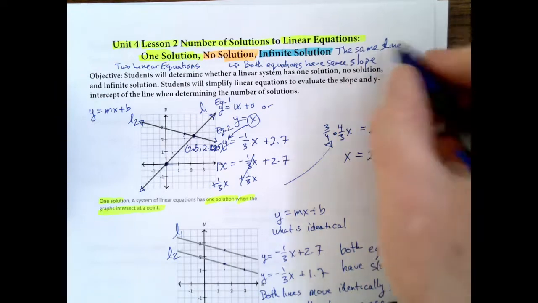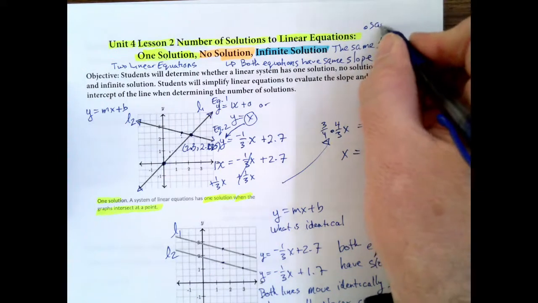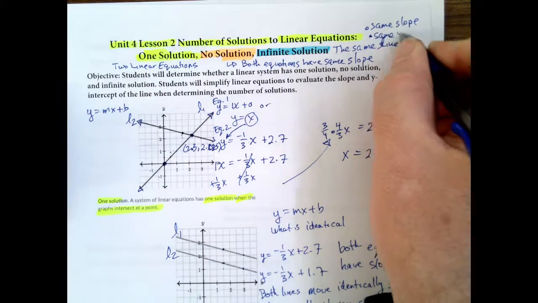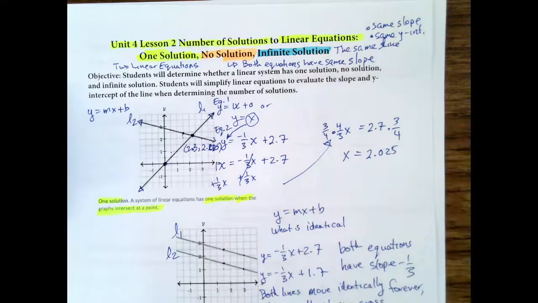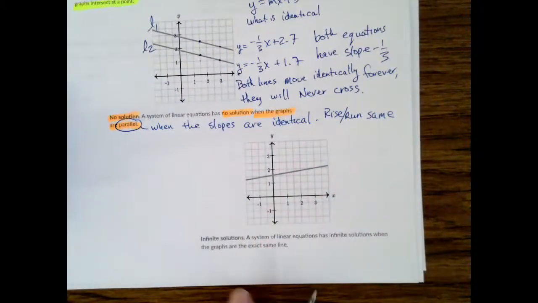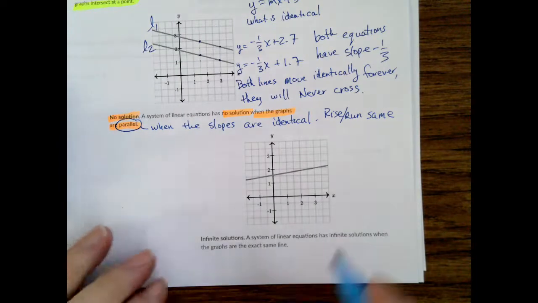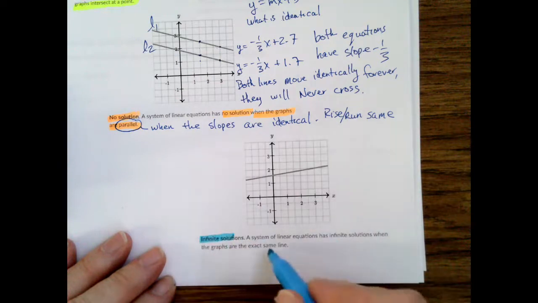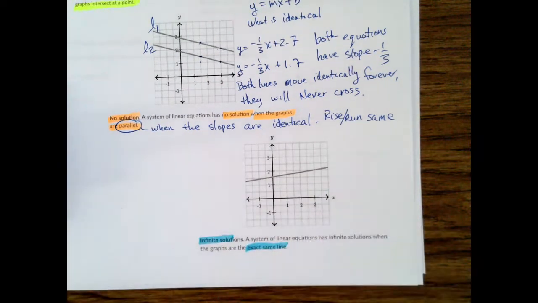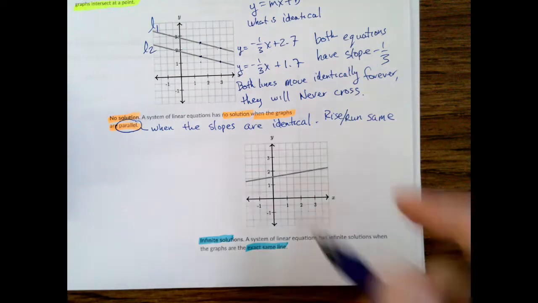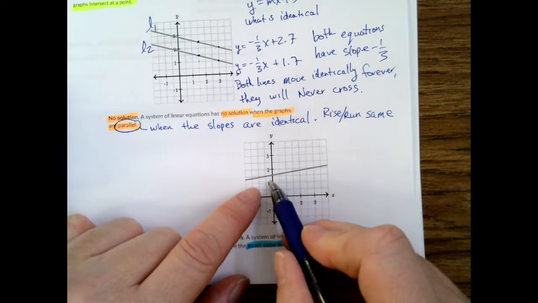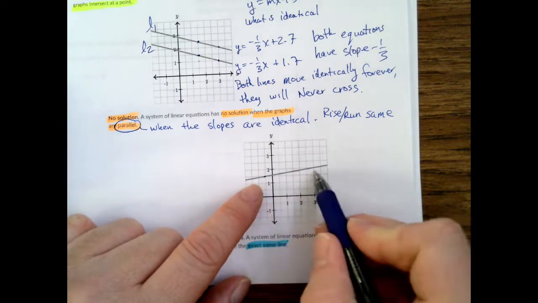That means they have the same slope and the same y-intercept. So if that's the situation, it's really hard to see it on a graph. Here it says the infinite solutions are the exact same line. Okay, well, let's imagine that this line is crossing right here, and then it next crosses over here.